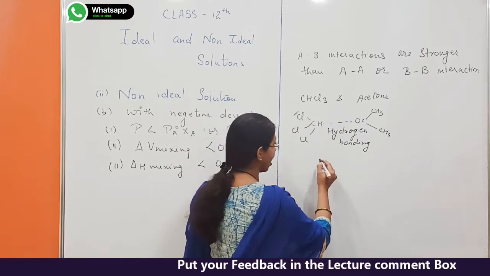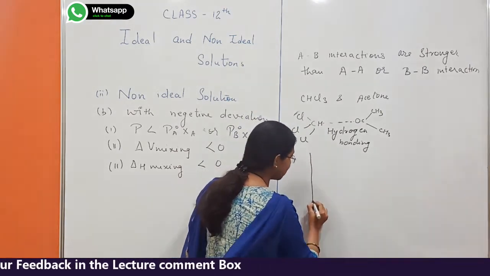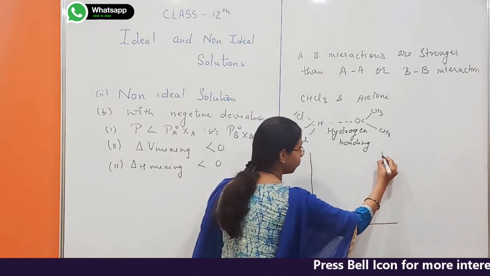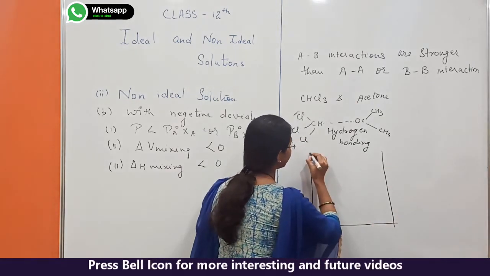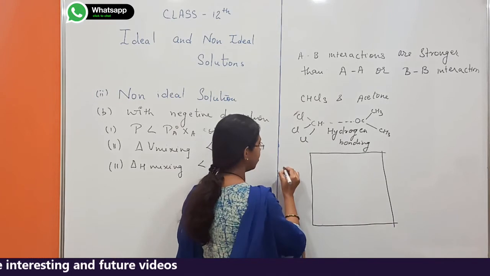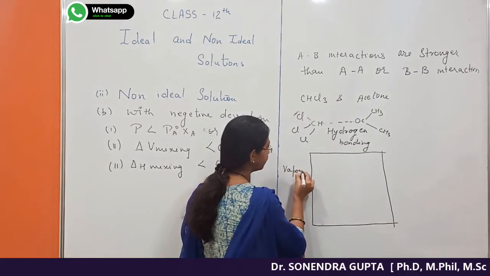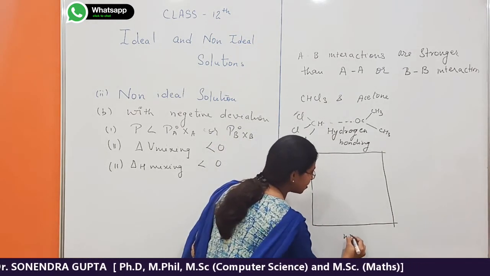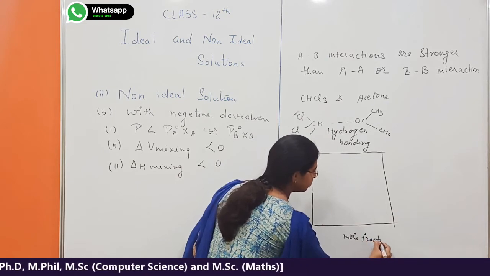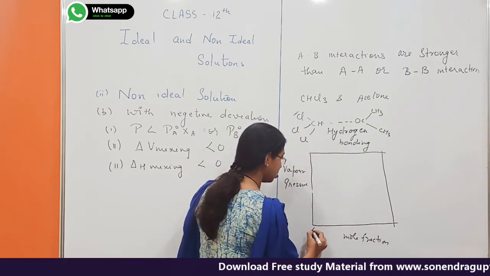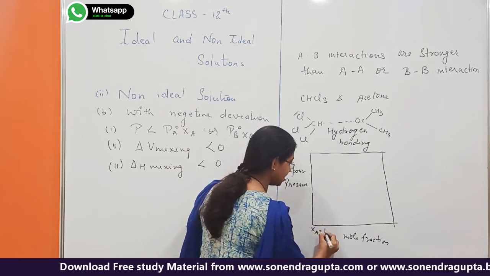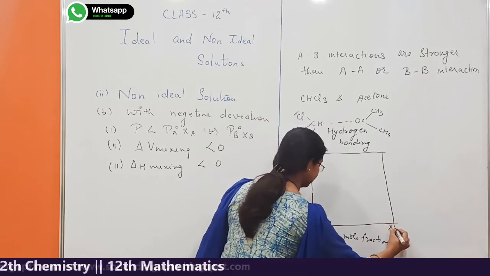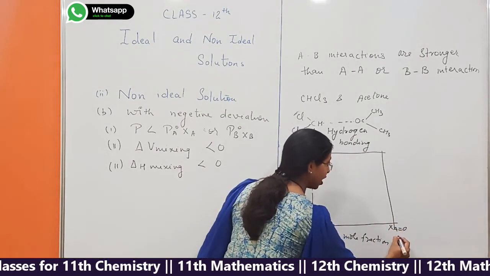So which type of graph is shown here? The same one I am drawing, only a lower depth will form. Here we have vapor pressure, mole fractions, the same type. Please learn these graphs because they are very important and also easy to learn, because the same type of graphs are there.